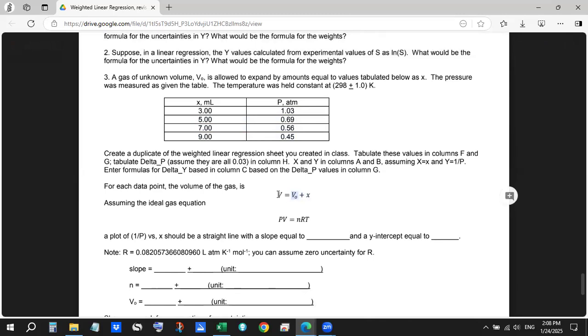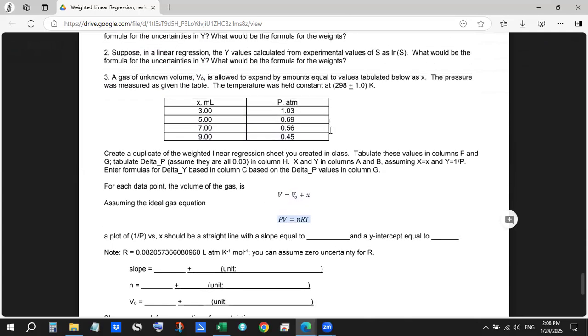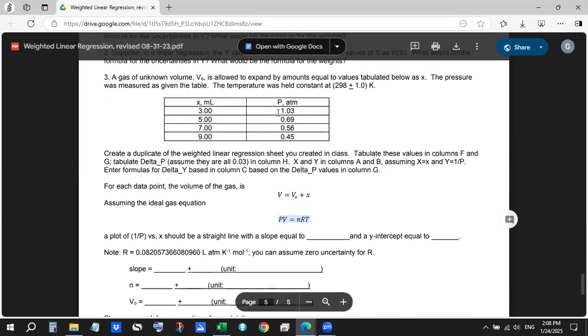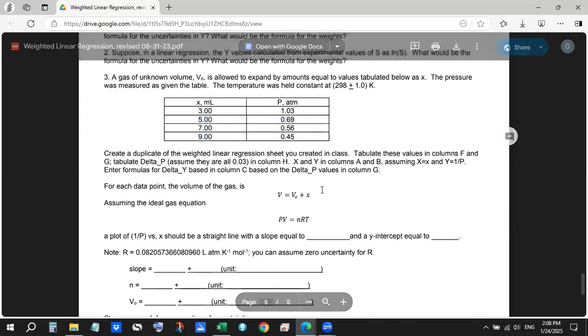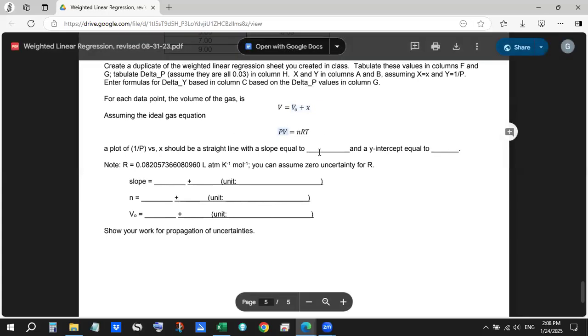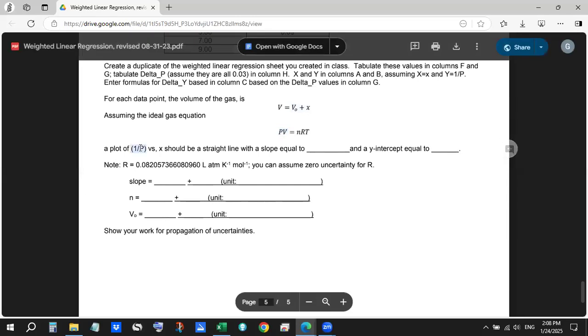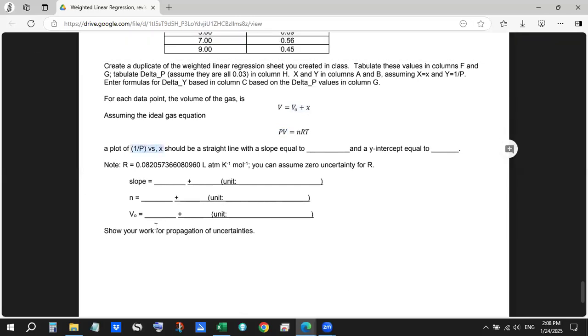okay, and then PV equals nRT is the equation that describes the behavior of the gas at sufficiently low pressure, and these are sufficiently low pressures. So you substitute V naught plus X for V right here, and I want you to show that if you are to actually plot 1 over P versus X, you're going to get a straight line.